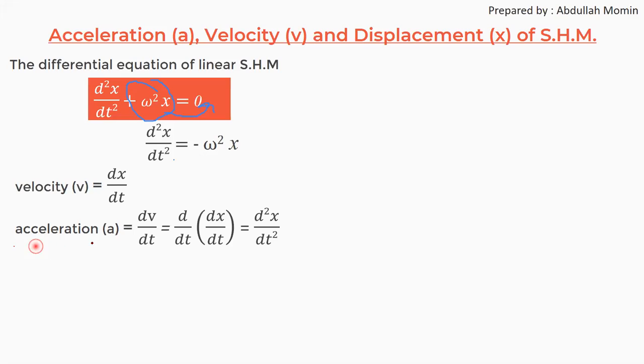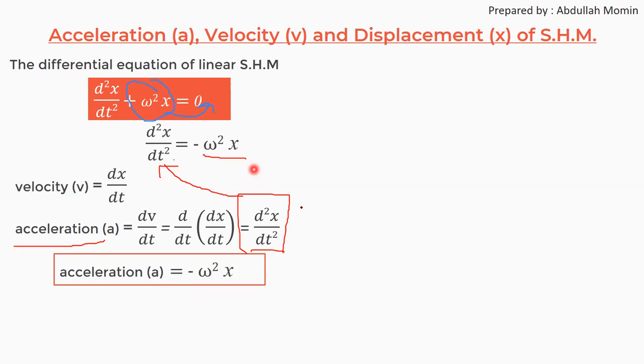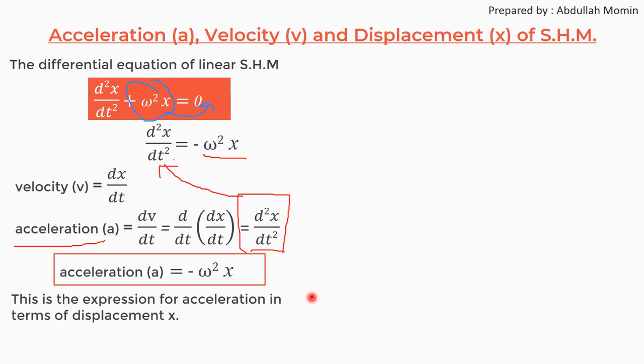So we can write acceleration is equal to minus omega square x. This is the expression for acceleration in terms of displacement.